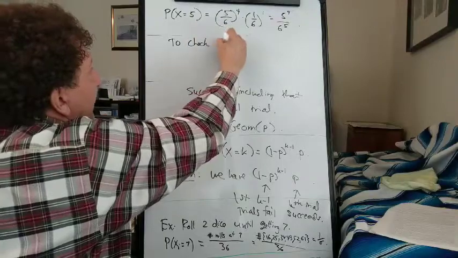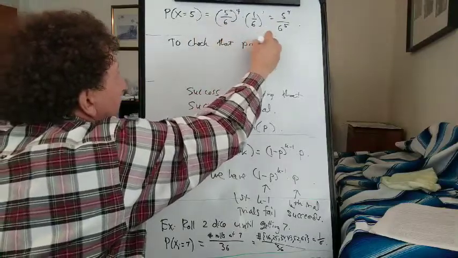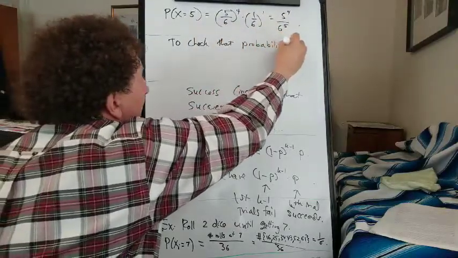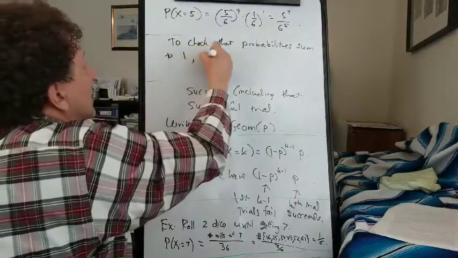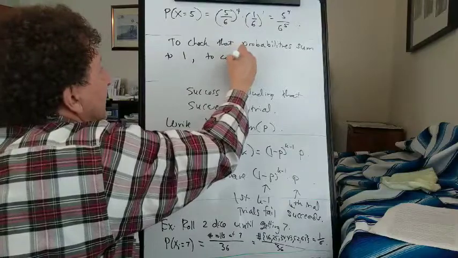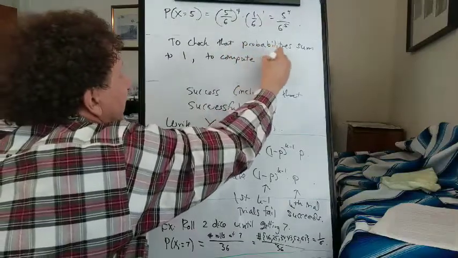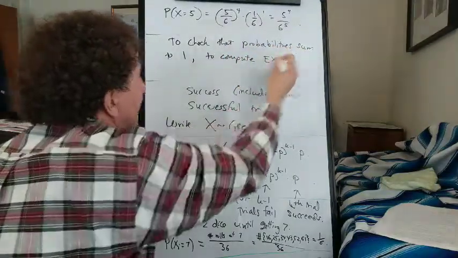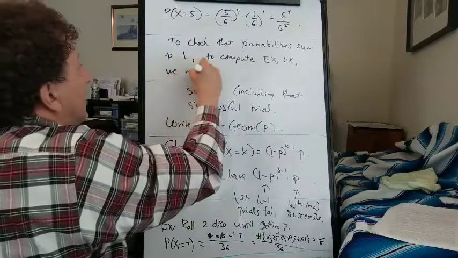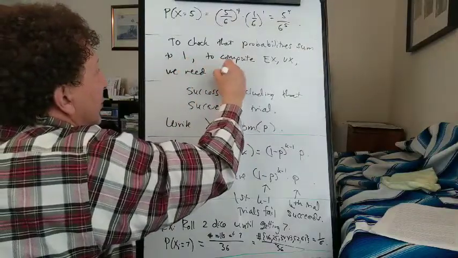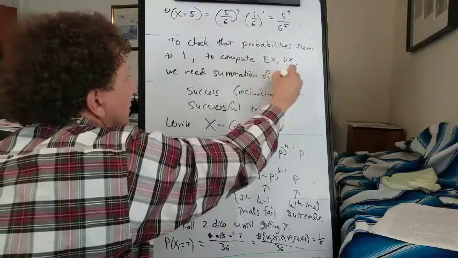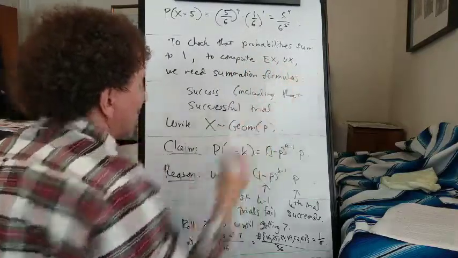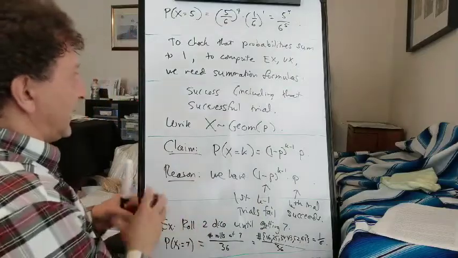Now to check that the probabilities sum to 1, and to compute expected value of x and variance of x, we need some summation formulas. These are formulas that you've seen in calculus.